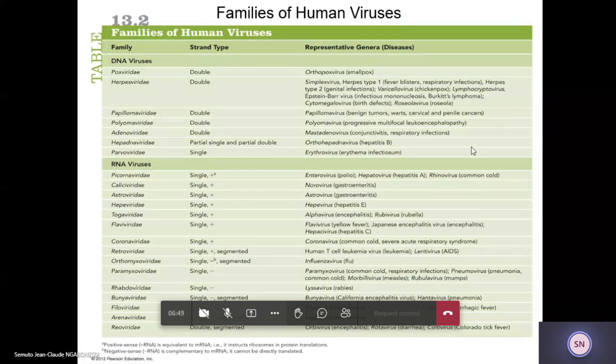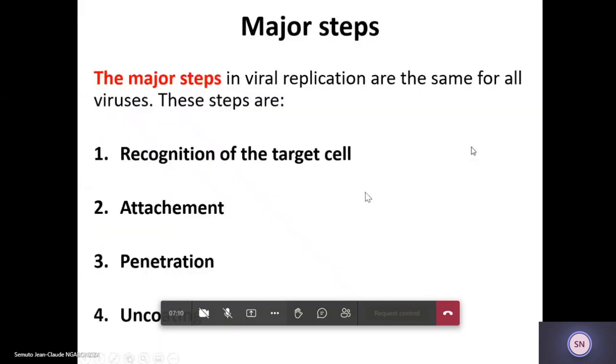So we have families of viruses, and we go through each virus individually: how it replicates, its genetic material, and representative genera which cause disease.